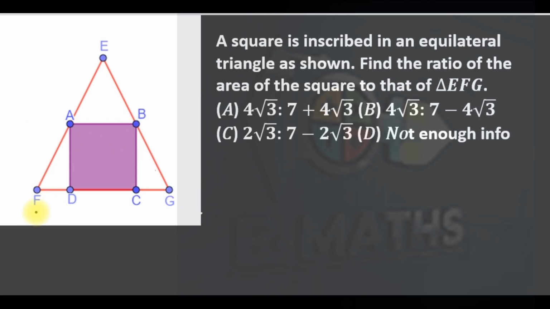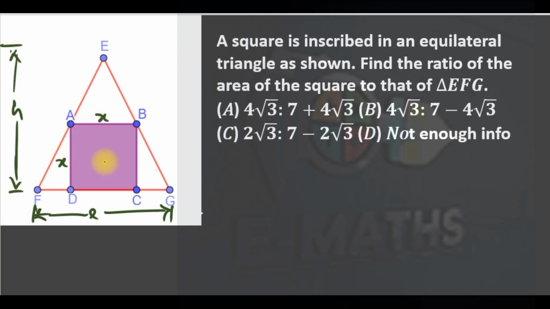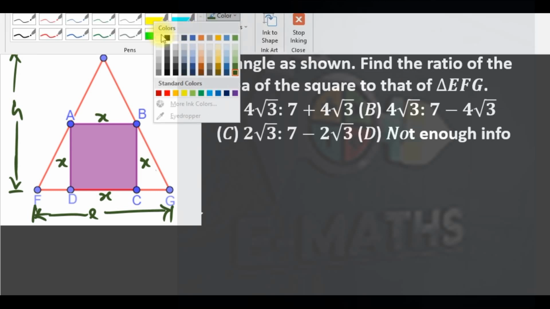Assuming a square is inscribed in a triangle of base E. I'm saying a triangle, not really equilateral, it could be any triangle, and the height H. The side of the square is related to the base and the height of the triangle as X is always EH over E plus H. I'll prove it later.